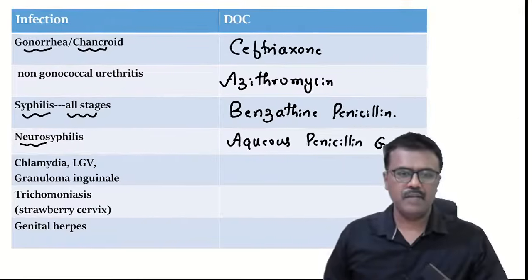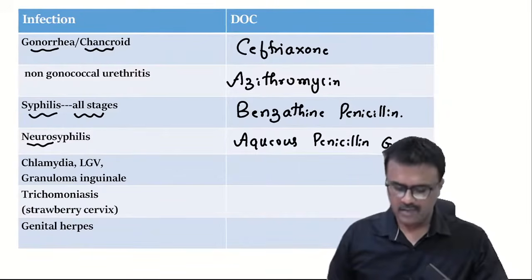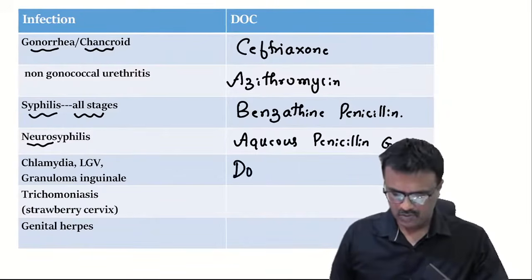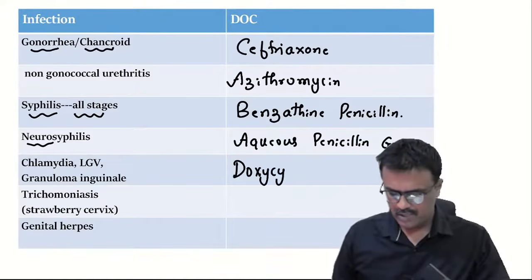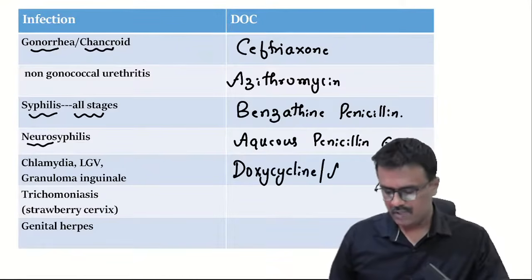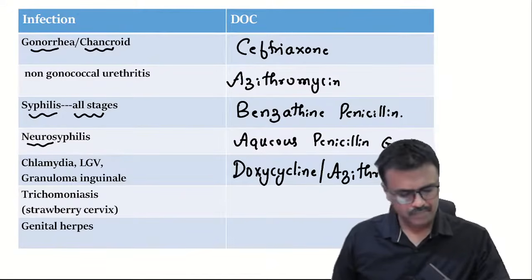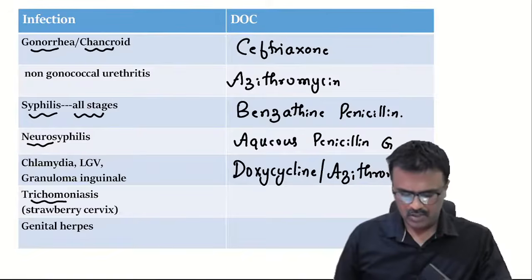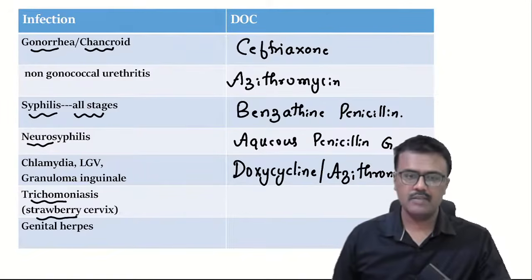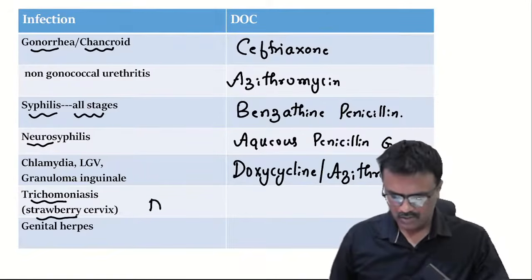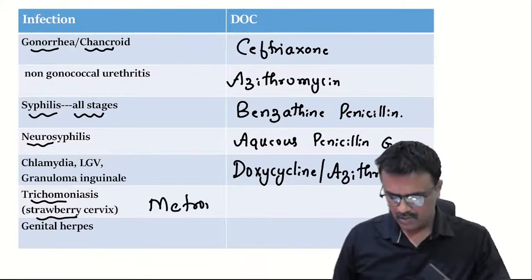Chlamydia, lymphogranuloma venereum and granuloma inguinale, we use doxycycline. If that is not there, we can use azithromycin. Trichomoniasis, where you see strawberry cervix, the drug of choice, you all know, is metronidazole.